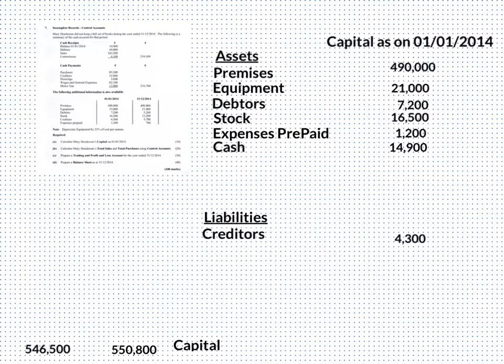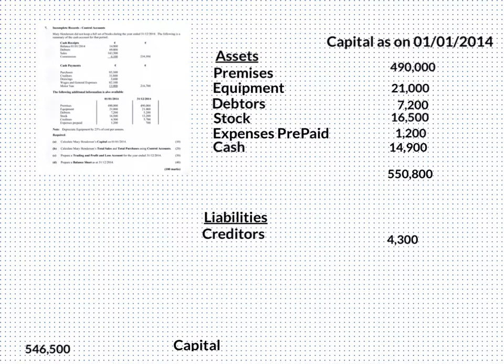So now what we need to do is add up all the assets. If we add up all these figures here, we're going to get a total of 550,800, and the total of our creditors is 4,300.